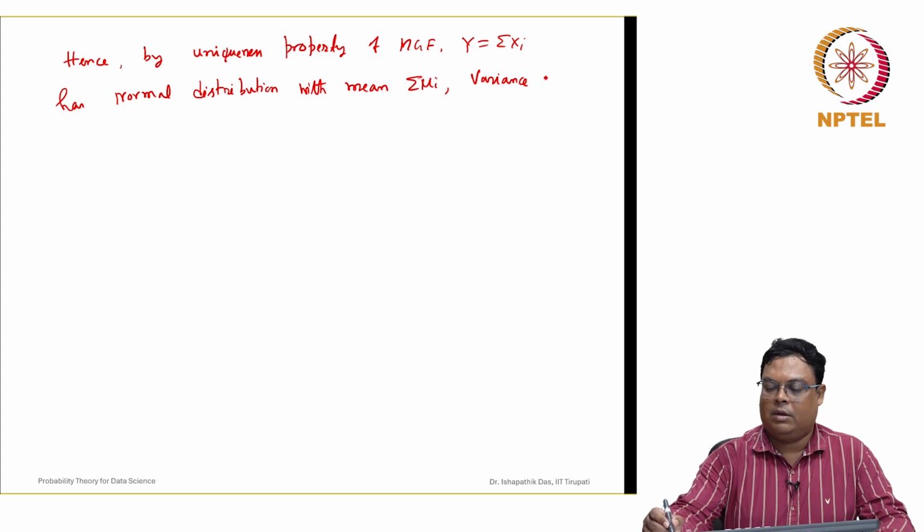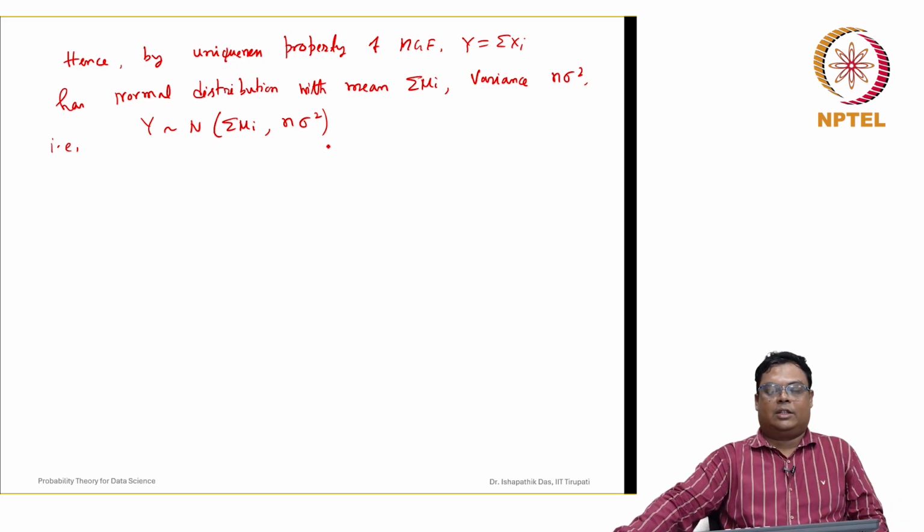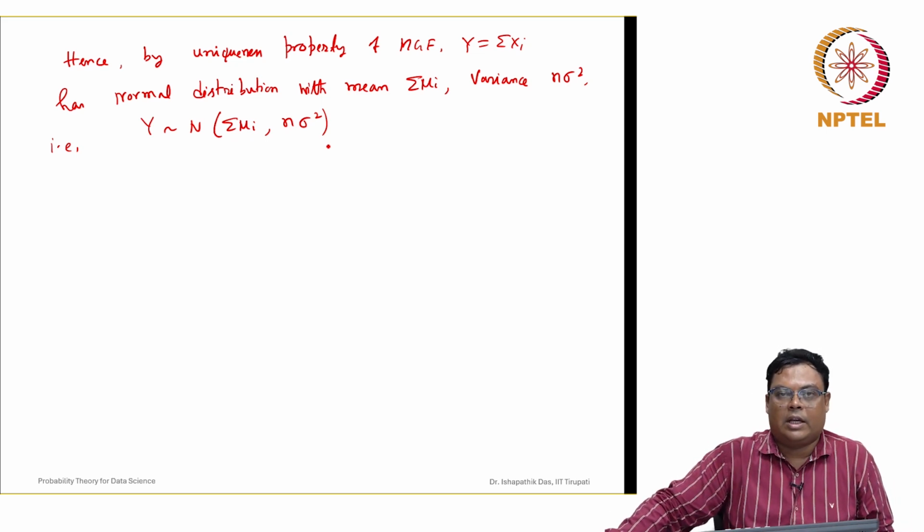So the variance is n sigma square. That means Y has a normal distribution with mean summation of mu i and variance n sigma square. So just using the moment generating function we can conclude that.